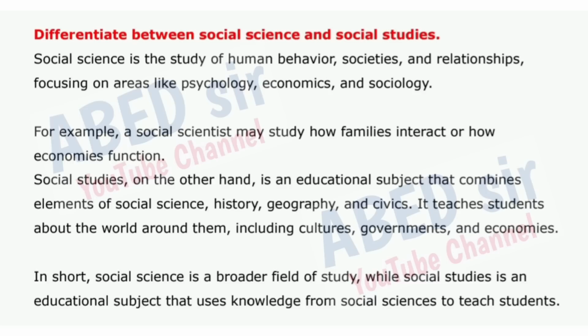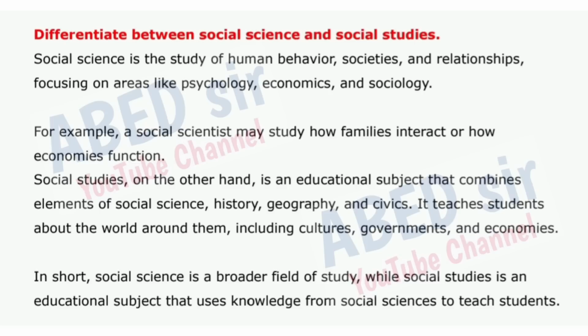For example, a social scientist may study how families interact or how economies function. Social studies, on the other hand, is an educational subject that combines elements of social science, history, geography, and civics. It teaches students about the world around them, including cultures, governments, and economies.